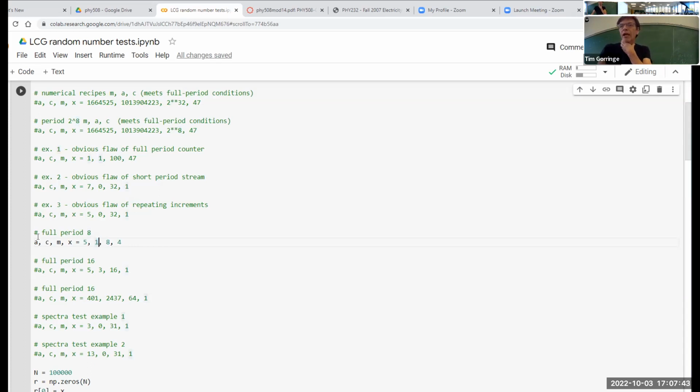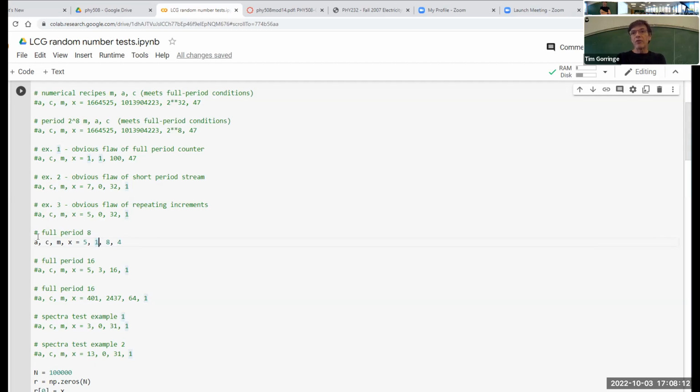If you look at, I'm just thinking about those three conditions, but I have problems remembering them all. So the first one was that m and c are co-primes, so they can't have a common factor. Well, c is 1, and m is 8, which has a prime factor 2, so that's fulfilled.